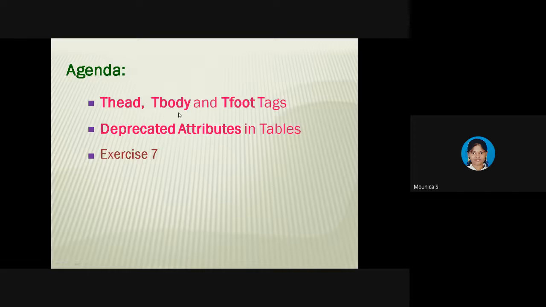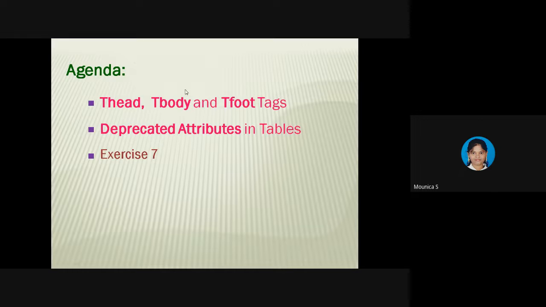Now without further delay, let us enter into the first topic: thead, tbody and tfoot tags. T stands for table, so we can say table head, table body, table foot tags. The thead, table head tag, is mainly used to code the details which are available in the header section of the table.